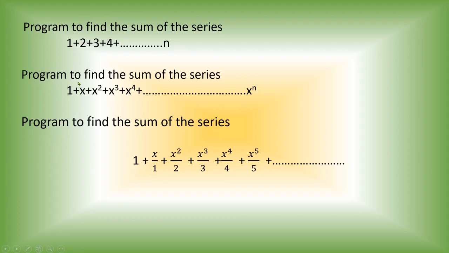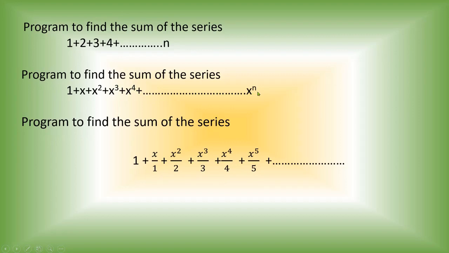Now just think about this much of the series, not checking the first part. See that in this series, the pattern is going in a similar way: x raised to 1, x raised to 2, x raised to 3, 4, 5 till n.